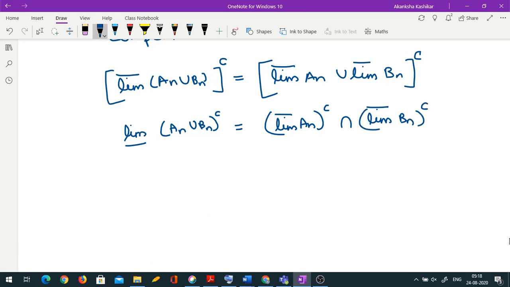This is just De Morgan's law, nothing else. Yes, only De Morgan's law so far. And here I have used properties of lim sup and lim inf.